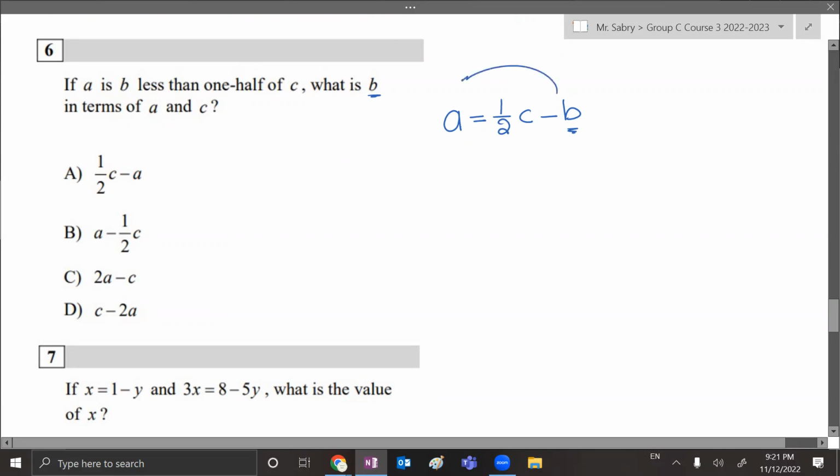I'll move the negative B to this side and I'll move the A to the other side. So the negative B becomes positive B, and the A becomes negative A on the other side. Now B is completely alone and equals everything else. So this is your answer: half C minus A. Does this make sense?